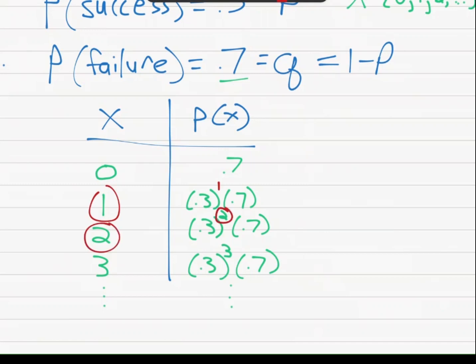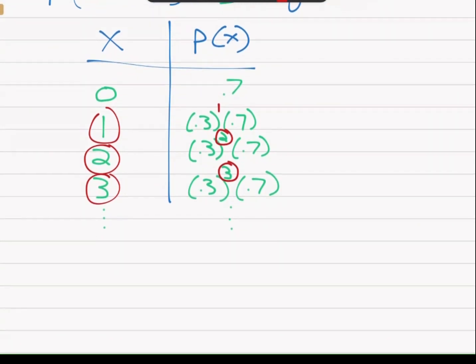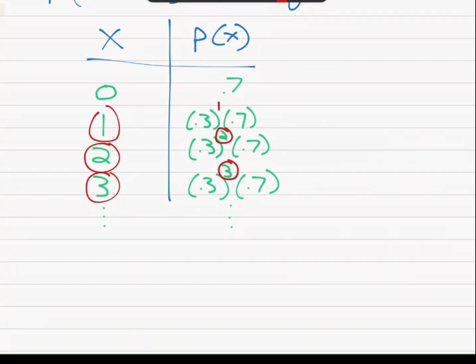So if I can follow this pattern, then I should be able to write a closed form version of this function.